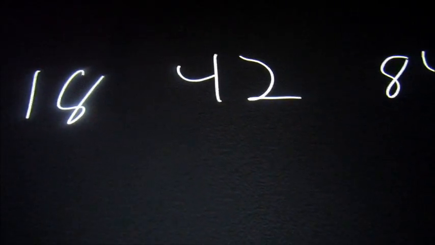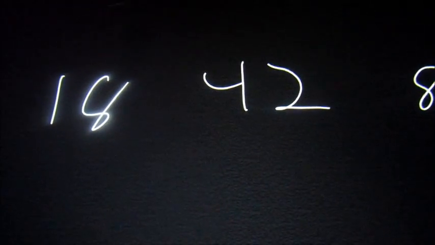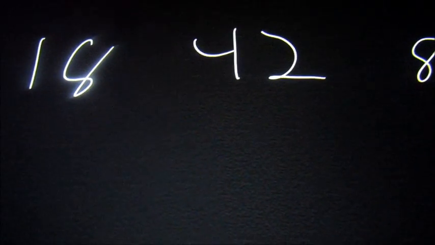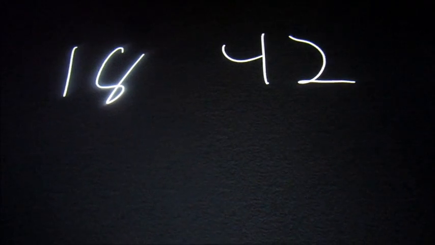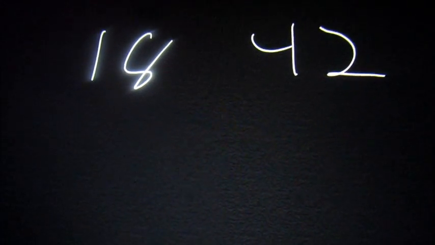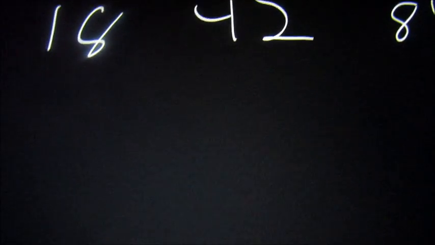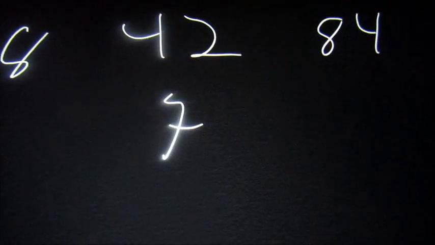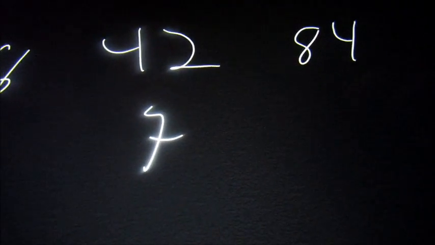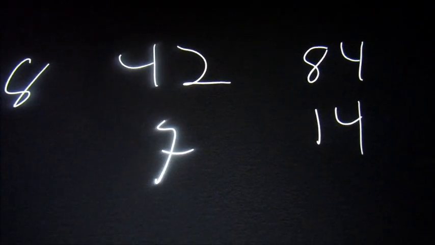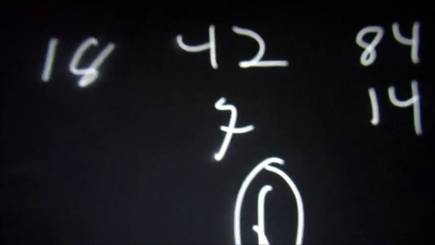Then divide 18 by 2, which is 9. 9 won't go into 42, so we know that 9 isn't right. Then we'll divide 18 by 3, which is 6. 6 will go into 42 7 times. It'll go into 84 14 times. So 6 is the answer.